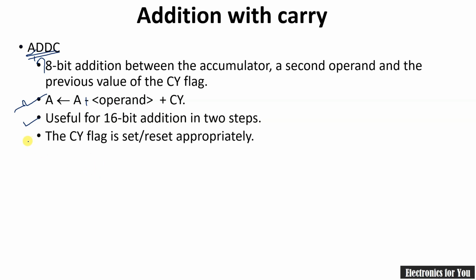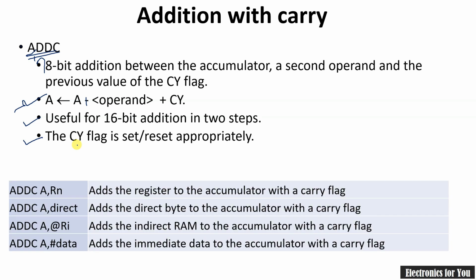Then the CY flag, that is the carry flag, is set or reset accordingly as per the result of the addition. And again similar examples will be there. This is ADDC A, Rn.